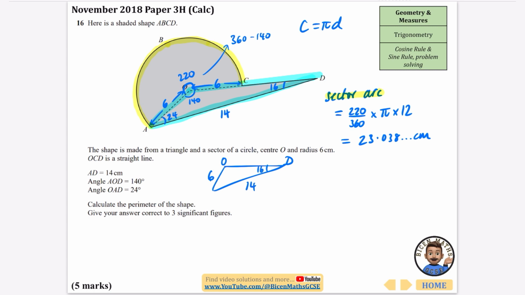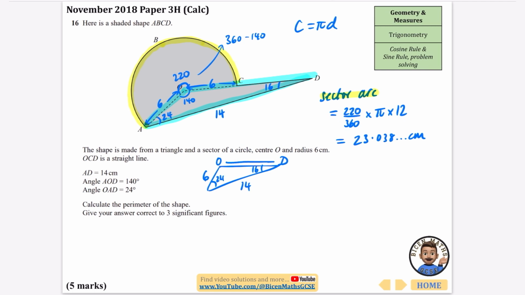We're going to use the 6 and the 16, and I know this angle is 24, and this is the one that I'm looking for. So I'm going to say, as that is the side that I'm looking for, using my sine rule, that OD divided by the sine of 24 is going to be equal to another pair. Now I could do the 14 and the 140, or I could do the 6 over sine 16. It's going to literally give us the exact same answer.